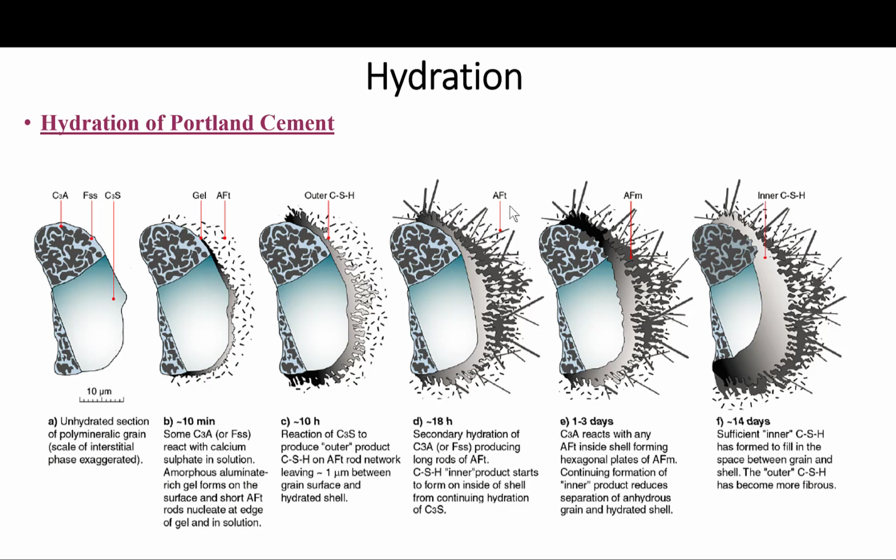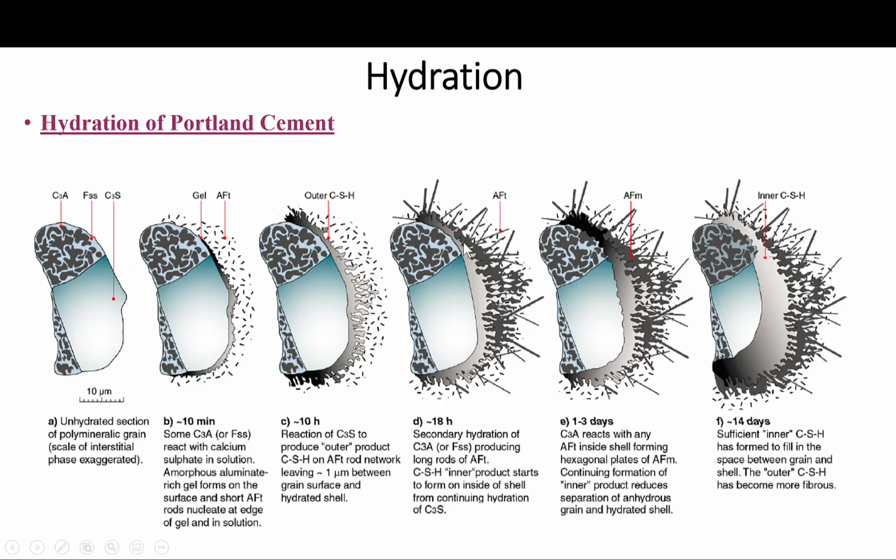Okay, this network of ettringite and the calcium silicate hydrate appears to form what is referred to as a hydrating shell, about 1 micrometer from the surface of the anhydrous C3S grain.